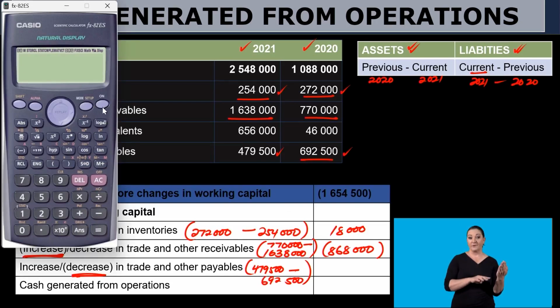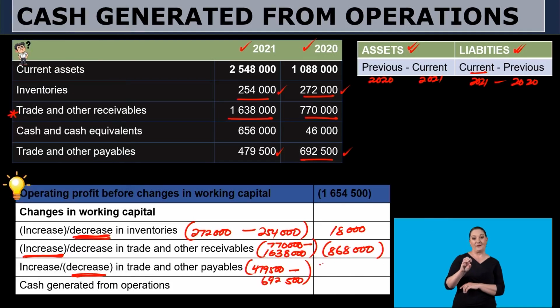So I will now say 479,500. Then I'll say minus what? 692,500. How much do I end up with? A negative 213,000. So I'll come here, then I'll get a negative 213,000. That tells me it's a cash outflow.